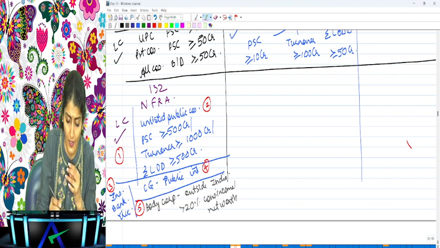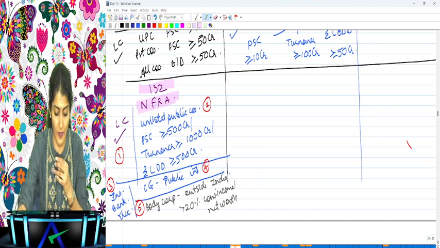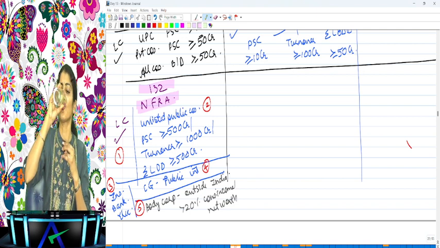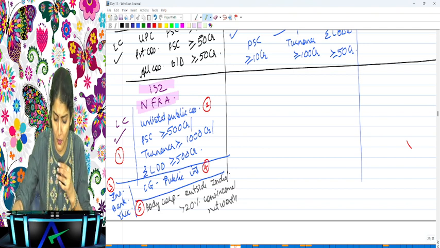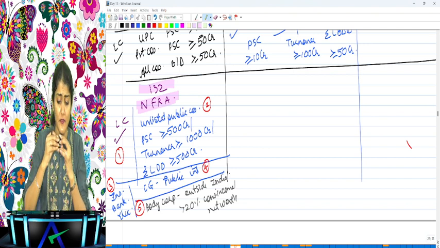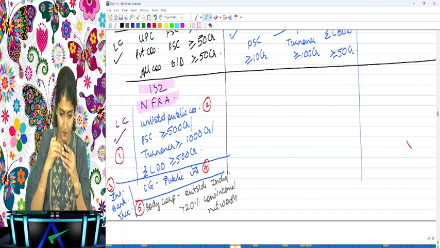The applicability of the NFRA. Body corporate outside India which contributes more than 20% of the consolidated income or the consolidated net worth.